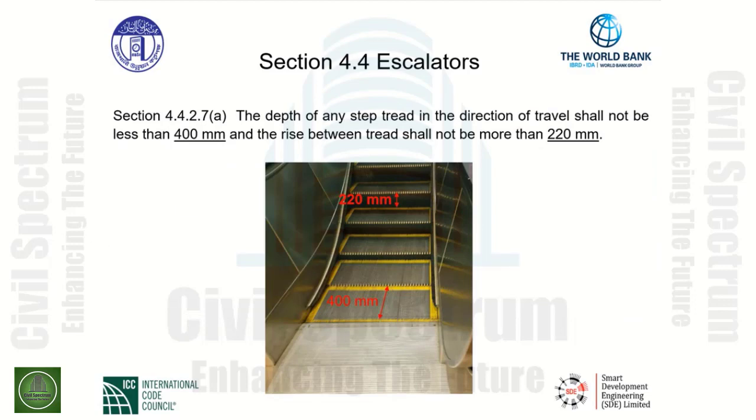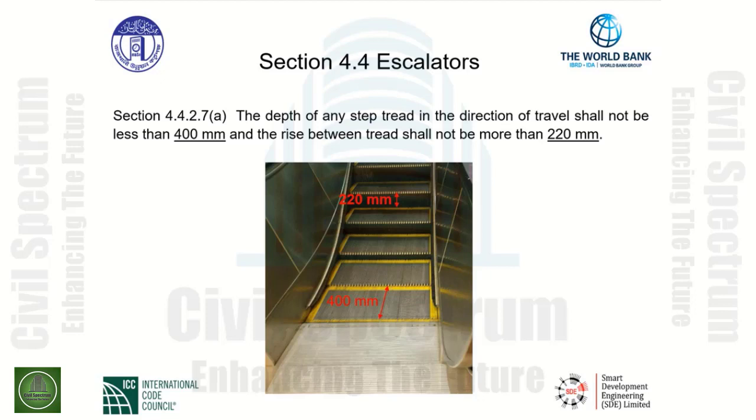The depth of treads and the rise between the treads are given to us in section 4.4.2.7 item A. This requirement allows us to understand the design for escalator stairs.